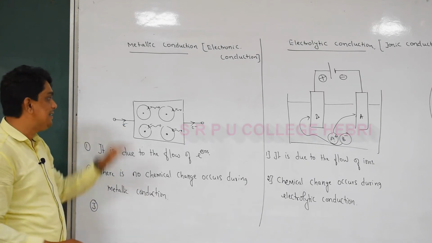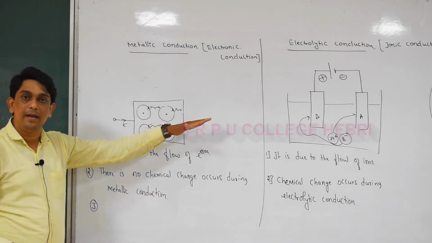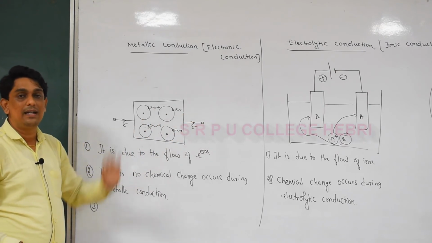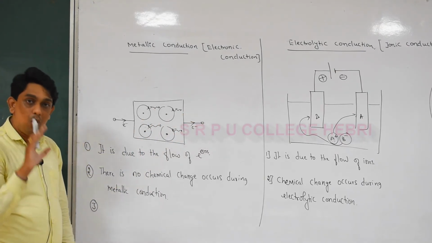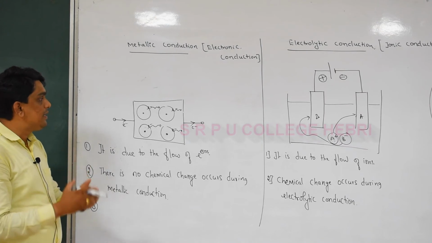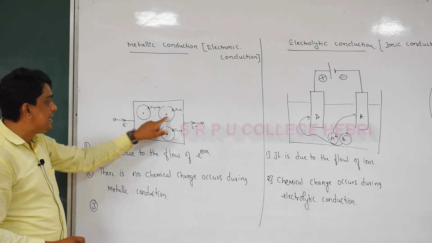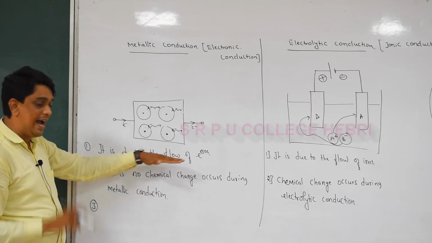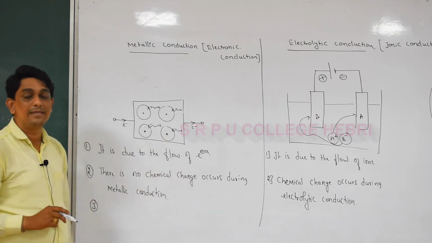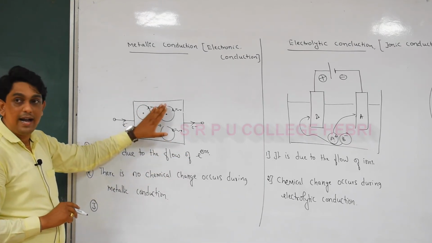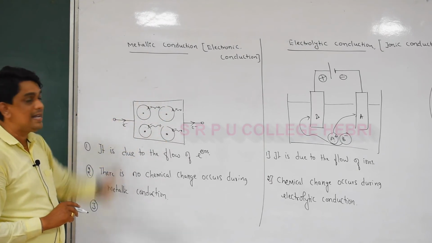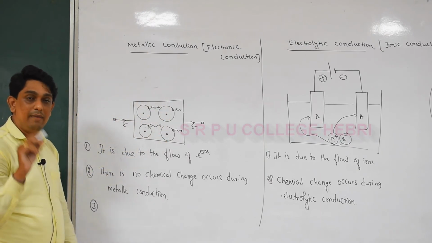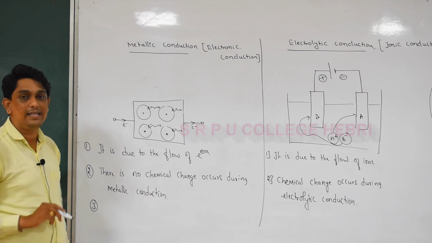So electronic conduction becomes less as you increase the temperature. The ions' oscillation becomes more, so electron flow becomes less, electronic conduction becomes less. So we are saying that metallic conduction becomes less as you increase temperature.